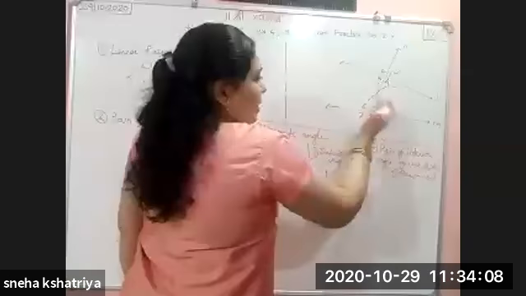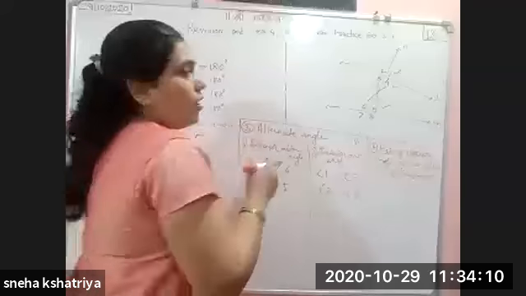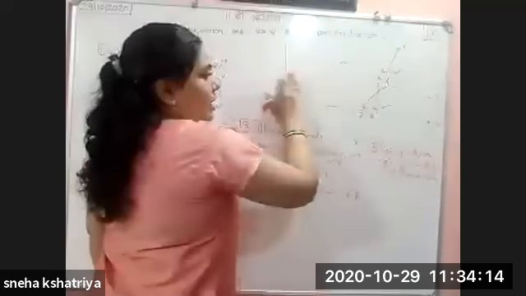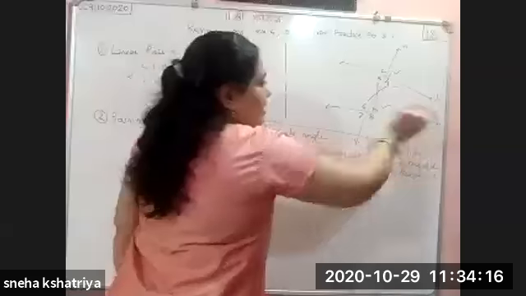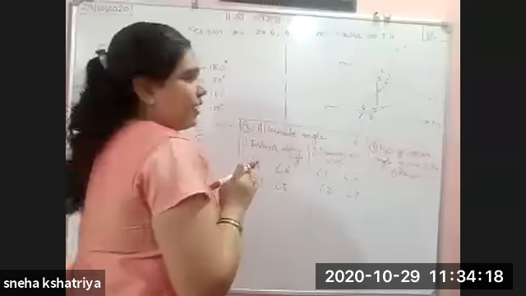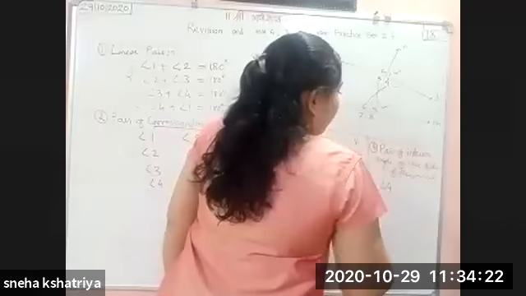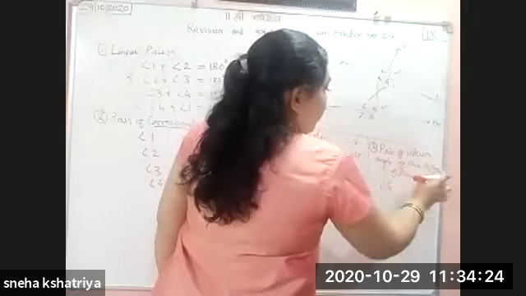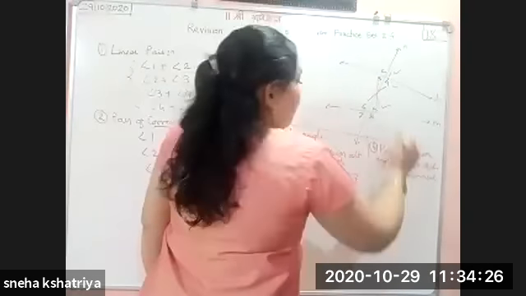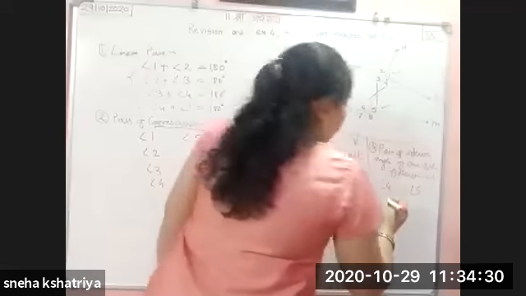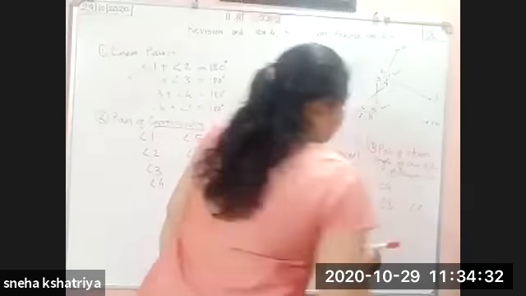We are not taking 3 and 5 or 4 and 6 because 4 lies on the right side, 6 lies on the left side. So we take 4 and 5, pair of interior angles of one side of transversal, that is angle 4 and angle 5. Next is angle 3 and angle 6.